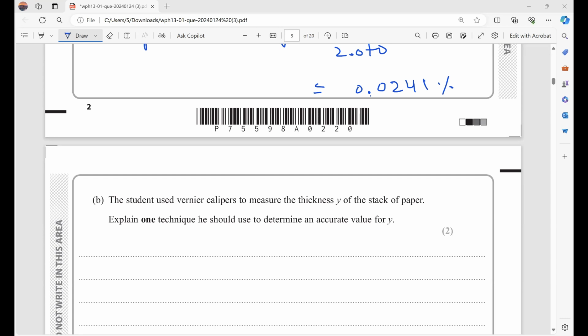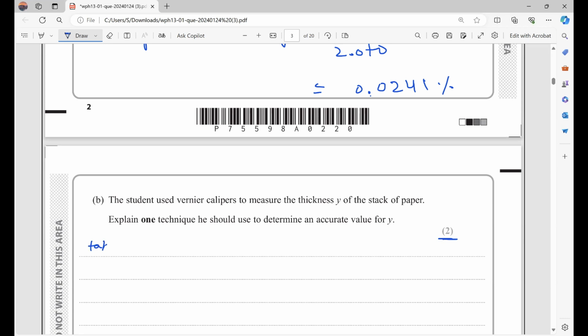See, it's a 2 marks question, so remember you need to mention 2 points, for whatever answer it is. So you could say, repeat the measurement several times, and then take the mean.